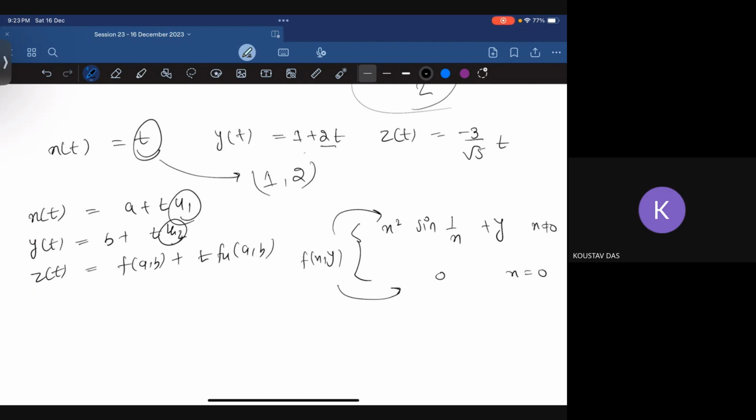Yes, sir. So whenever we are finding the partial derivative at the point 0 comma 0 where the function has two definitions, always use the definition of the partial derivative to find it.